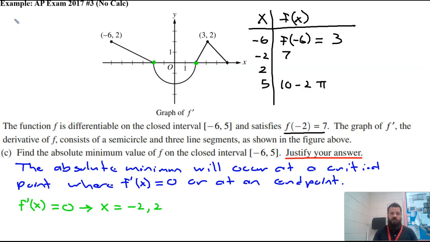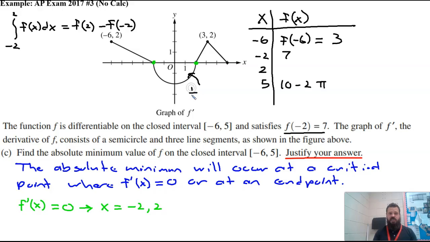Just like we did earlier, we could go integral from -2 to 2 of f of x dx. That's going to be equal to f of 2 minus f of negative 2. Integral from negative 2 to 2, we've already done this.